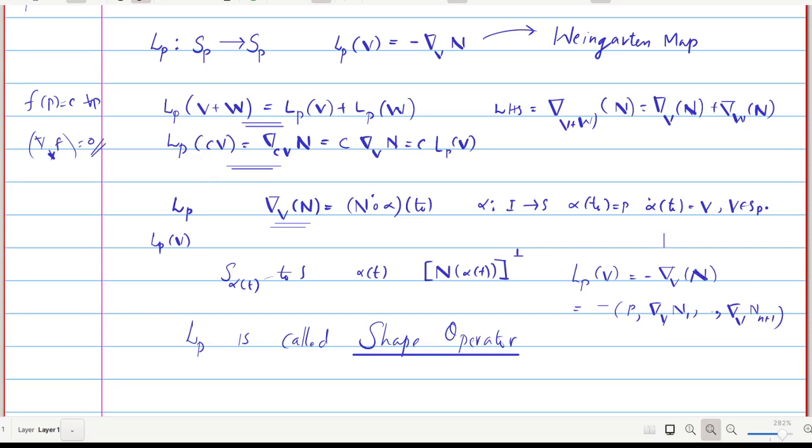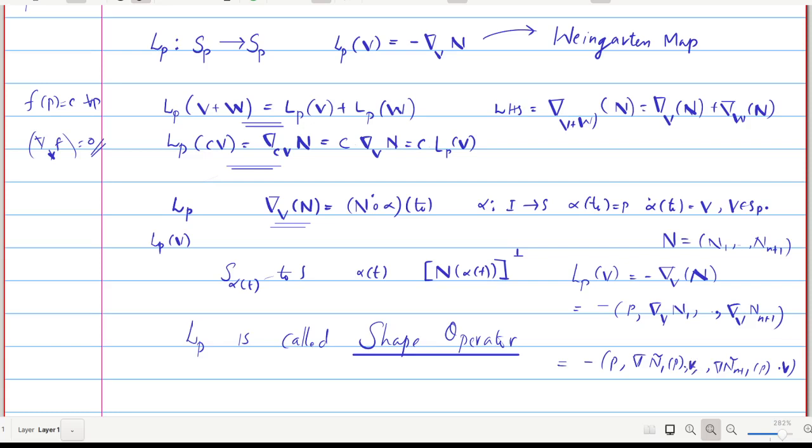Here n is constituted using the components n_1 etc. and n_{n+1}. Using the directional derivatives of those n+1 components along V, we can get L_P V. This can be written as minus P comma, the gradient of n_1 tilde at P, etc., the gradient of n_{n+1} tilde at P, dot V.